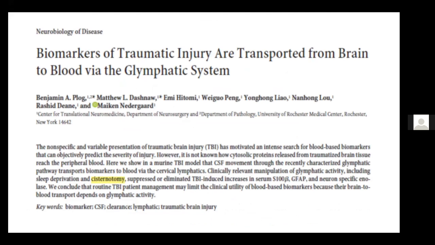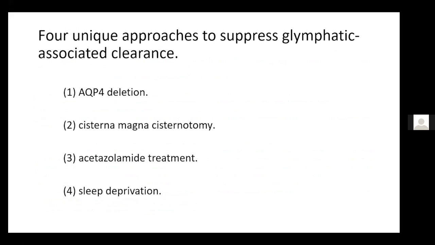This is about biomarkers of traumatic injury being transported from brain to blood via the glymphatic system. Now there are four unique approaches to suppress glymphatic-associated clearance. One is AQP4 deletion.